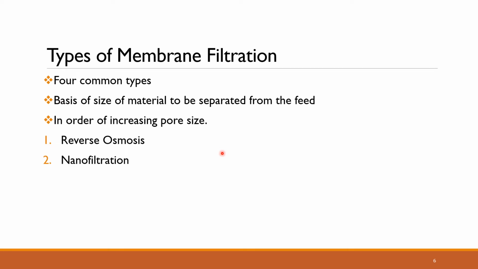Then you have nanofiltration, followed by ultrafiltration, and finally you have microfiltration. So in the order of increasing pore size, your reverse osmosis membrane pores have the smallest diameter, and your microfiltration membrane pores have the largest diameter.